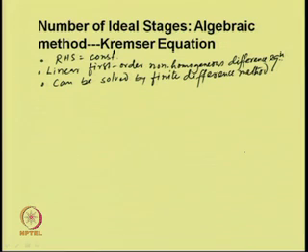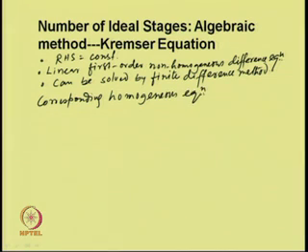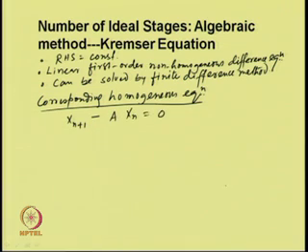So, we can write the corresponding homogeneous equation x n plus 1 minus A x n is equal to 0.